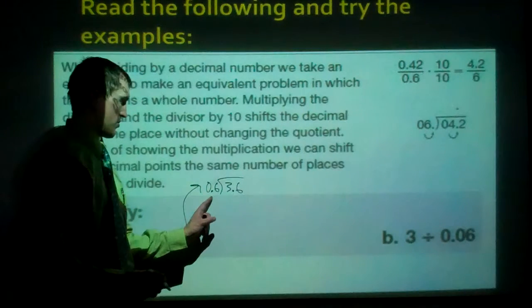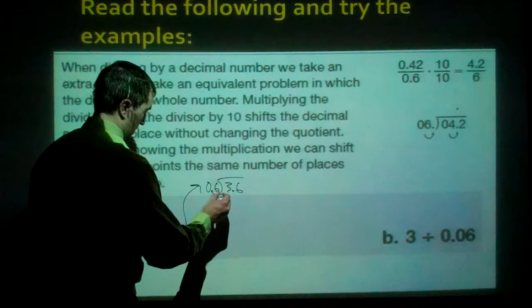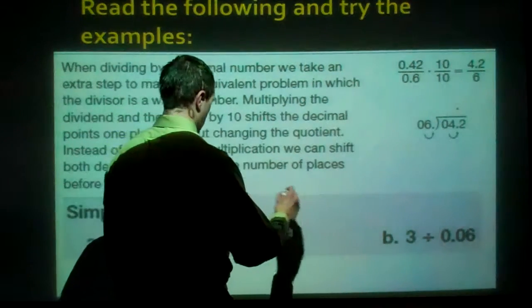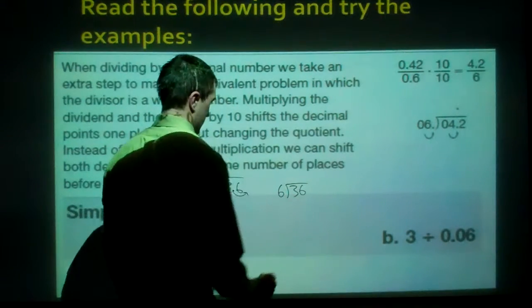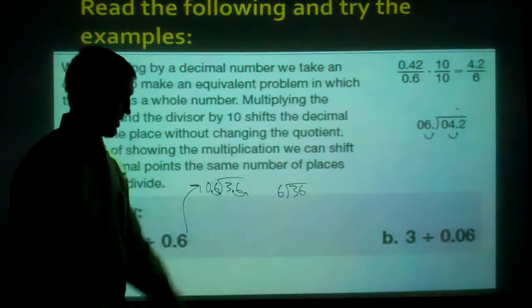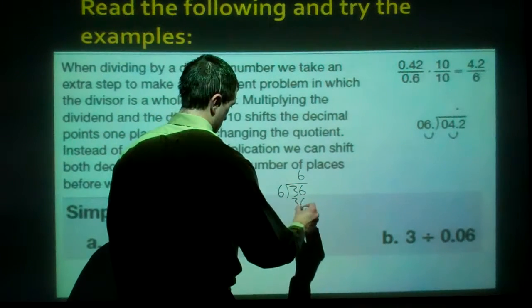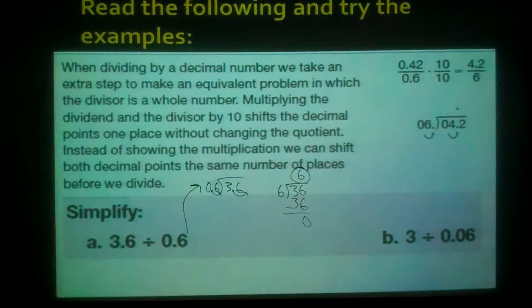And we want to get this moved over so that this is a whole number, so we're going to move it 1 spot to the right, and this one 1 spot to the right. So now our new equation is actually 36 divided by 6. And we know that 36 divided by 6 is just 6. So for letter A, we should get 6 there.